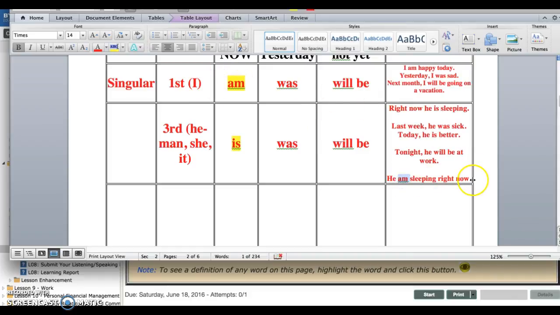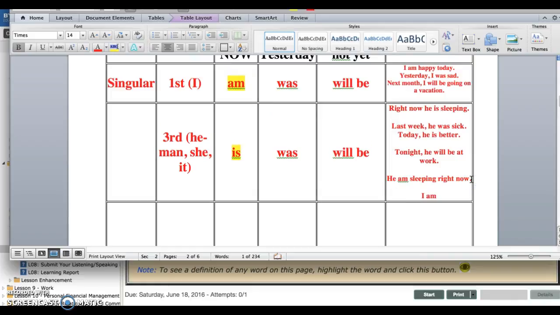If it was me sleeping right now, it could say, I am sleeping right now, and that's correct. But this is not correct because it's in third person, it's someone else. So it needs to be is. If it's I, like this, it can be am, and that's correct. Good. But this one needs to be he is because it's in third person. So that's just where it's different.